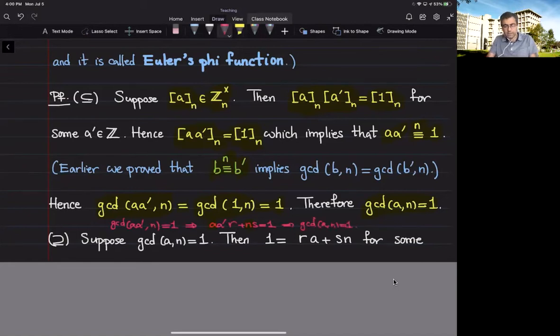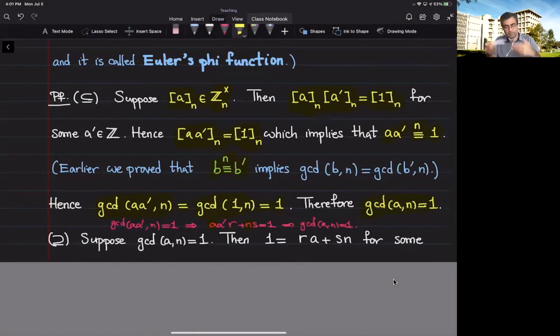So in either way, because GCD of AA prime and n is 1, we can deduce that GCD of A and n is 1. Alternatively, we can say that if D divides both A and n, then D divides AA prime and n. Therefore, knowing that GCD of AA prime and n is 1, we can deduce that GCD of A and n should be 1.